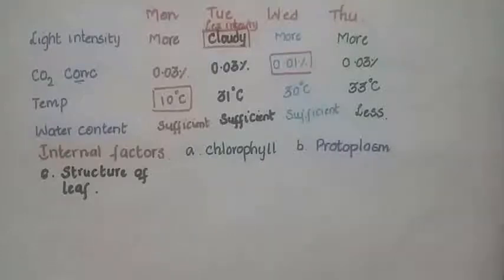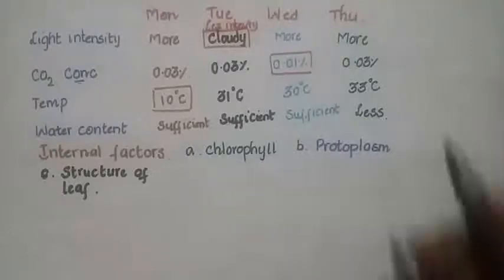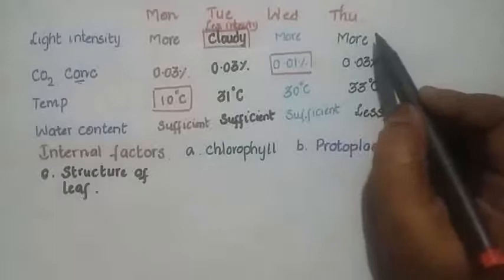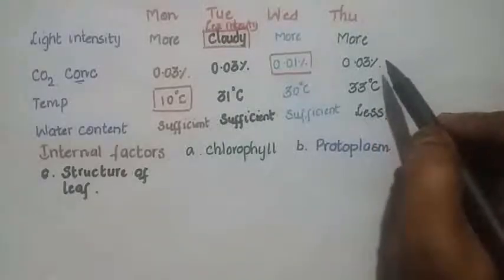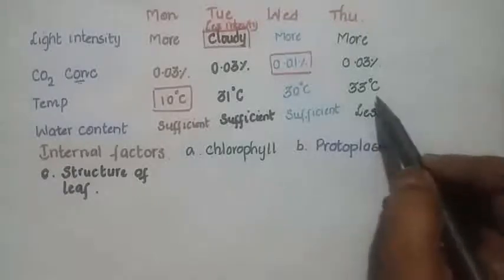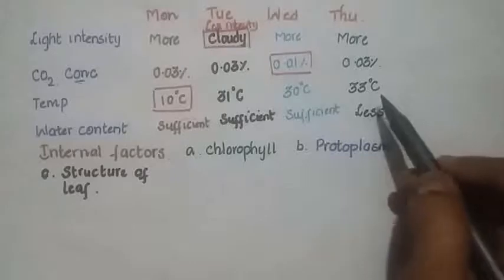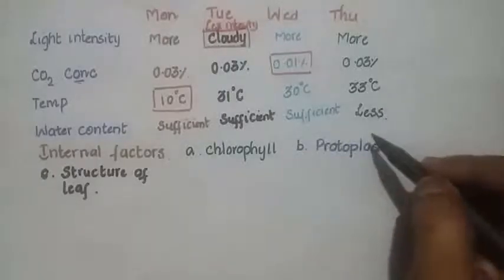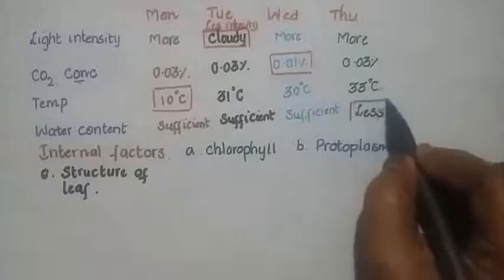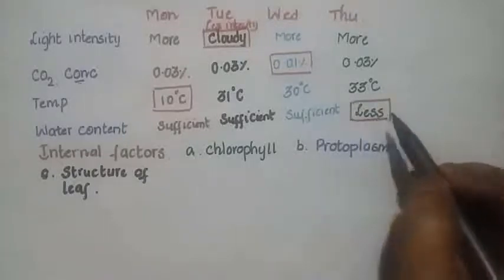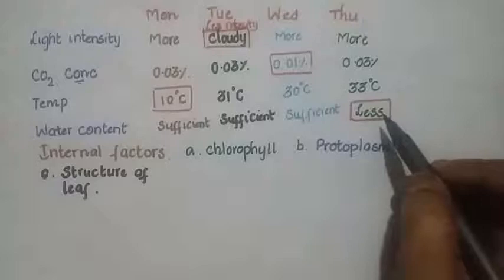Then moving on to Thursday, there is sufficient intensity of sunlight, sufficient concentration of carbon dioxide in the atmosphere. Temperature is 33 degrees Celsius, but look at the water content. The amount of water content is very less in the plant.